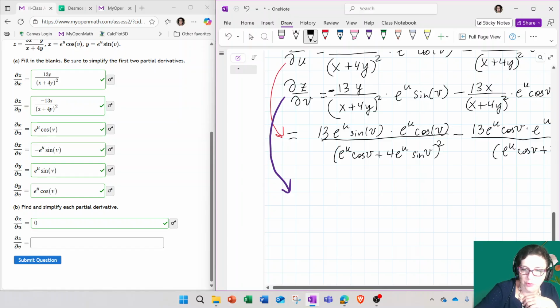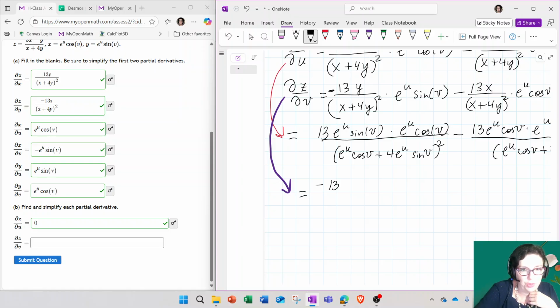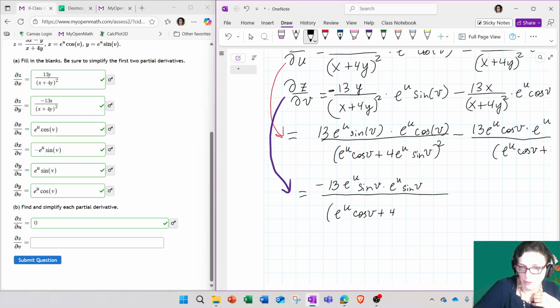Now let's do the other one. If that one is 0, I'm going to eat my hat, except I don't have one. This is going to be negative 13y, e to the u sine v, multiplied by e to the u sine v, divided by that whole thing, e to the u cosine v plus 4 e to the u sine v, squared.